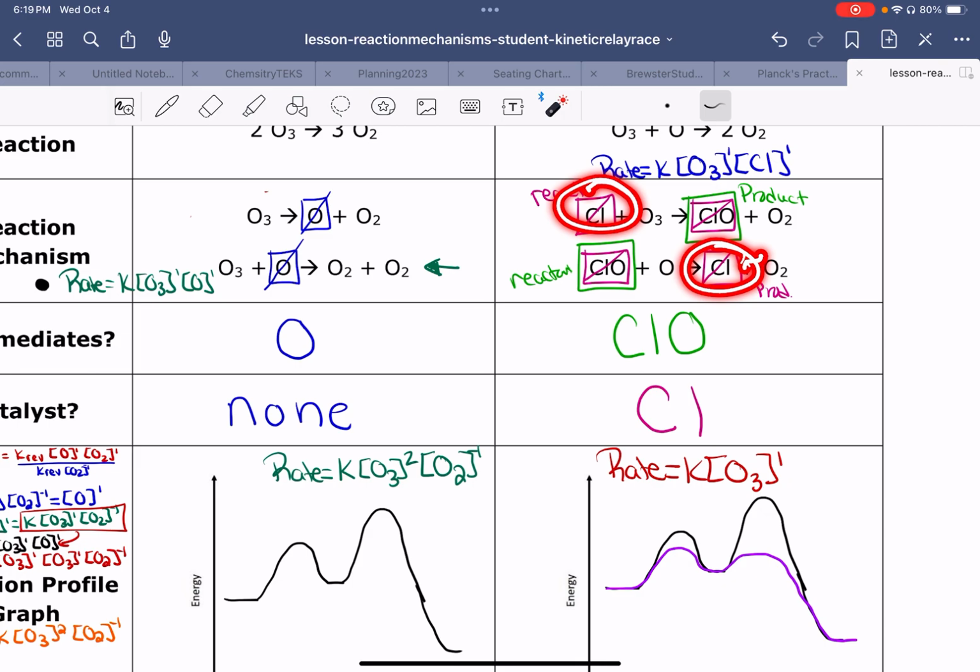So the most logical one that's going to have the first step as a slow step is probably this one, because I have the catalyst.